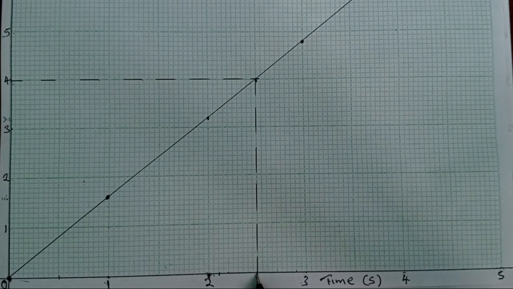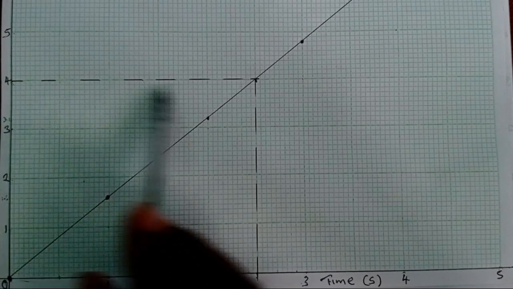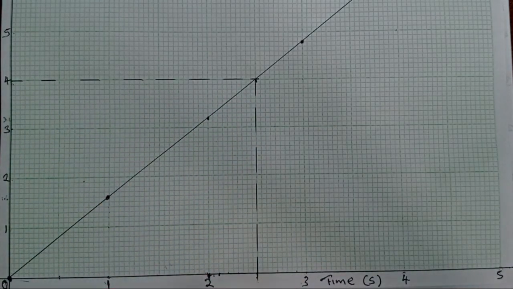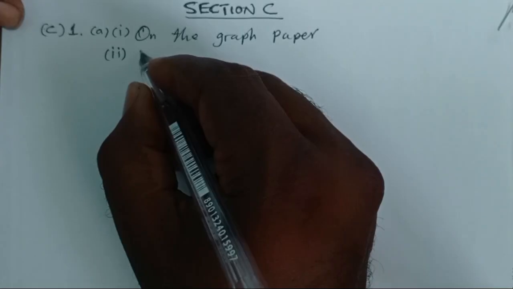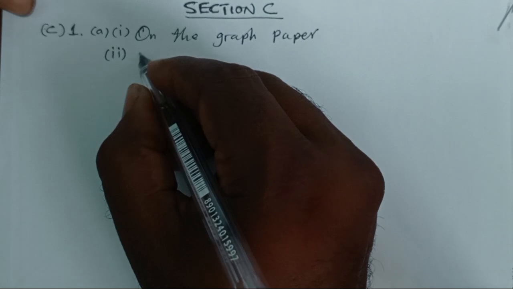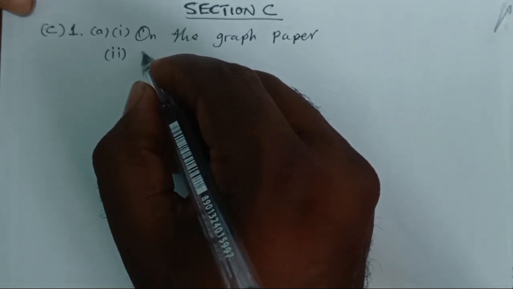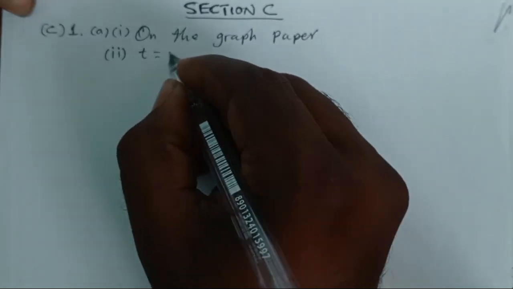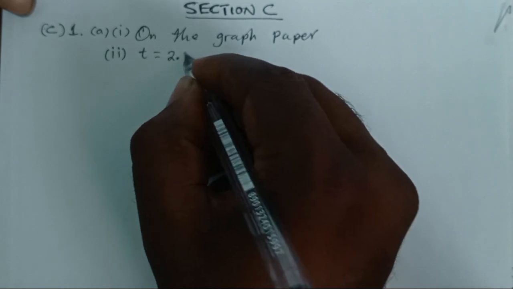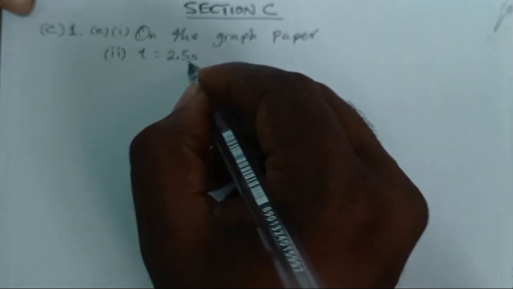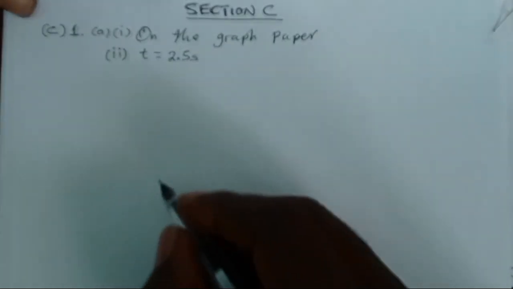So here it is 2.5. When velocity is equal to 4, time is equal to 2.5 seconds. Part 3.